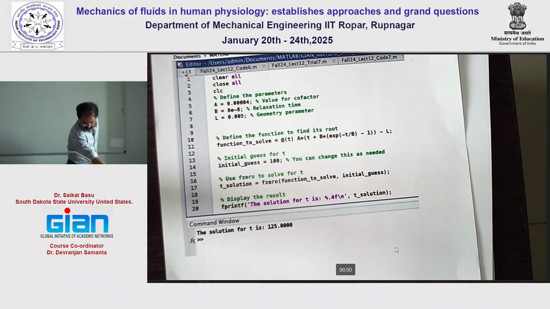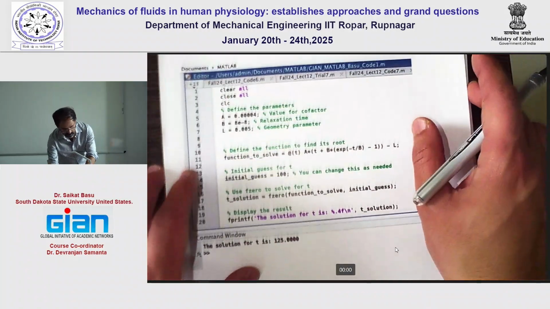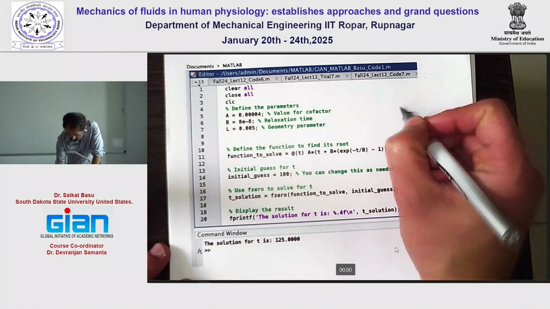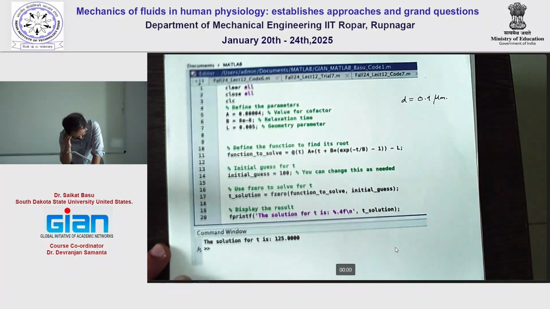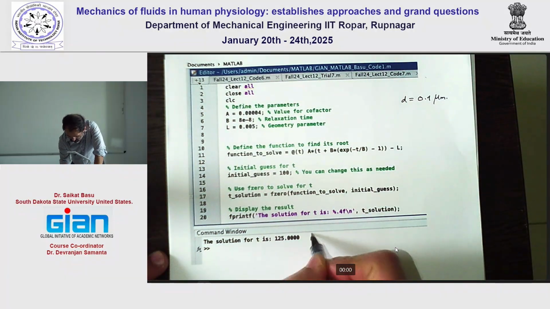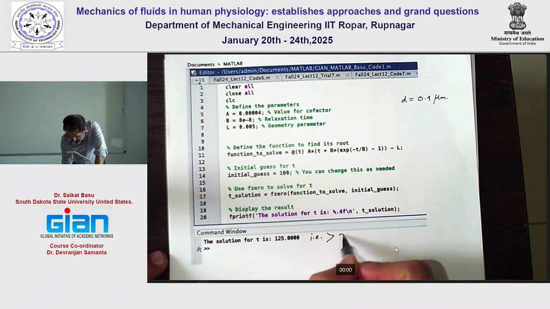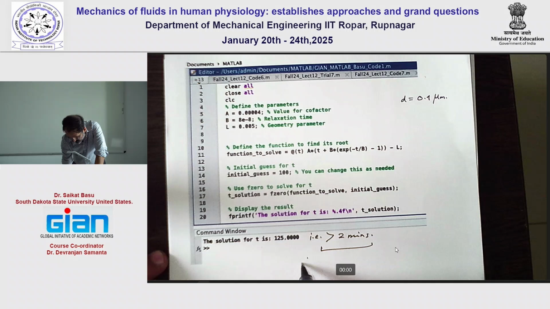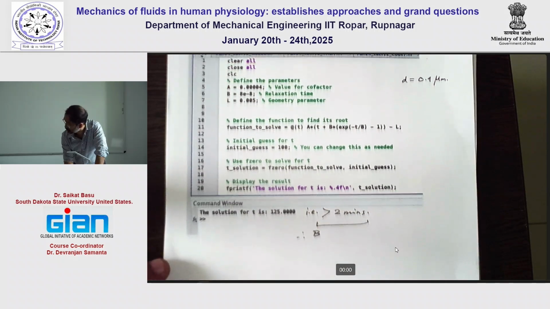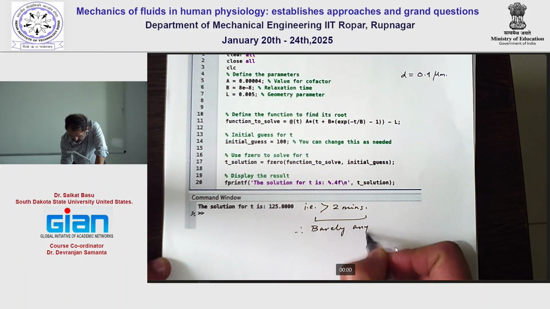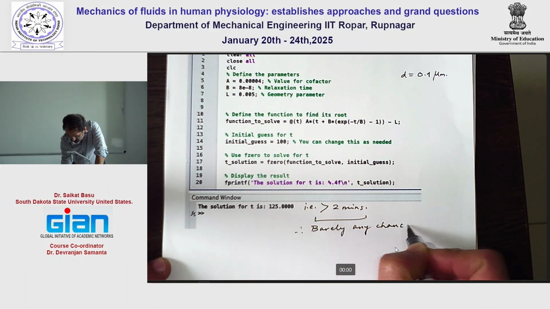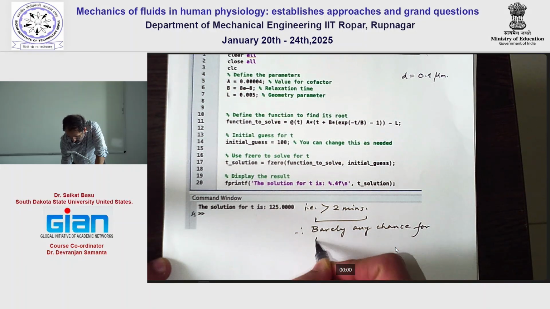Okay, so this is the one for D equal to 0.1 micron. So the delta t being more than 2 minutes implies that there is barely any chance for upper airway deposition.